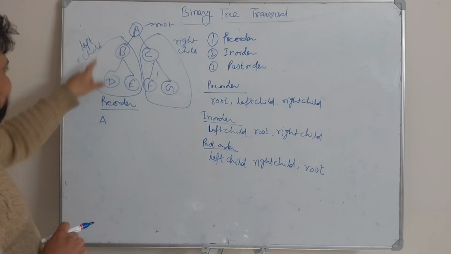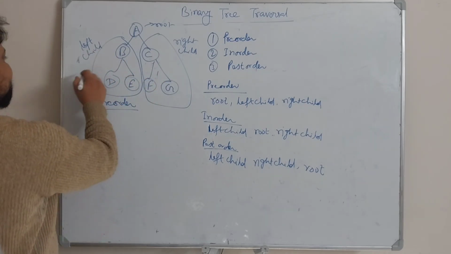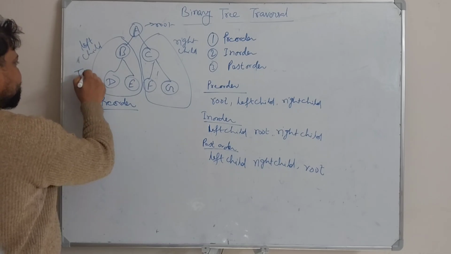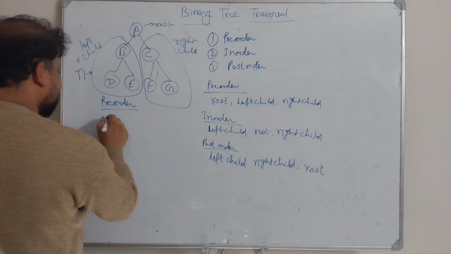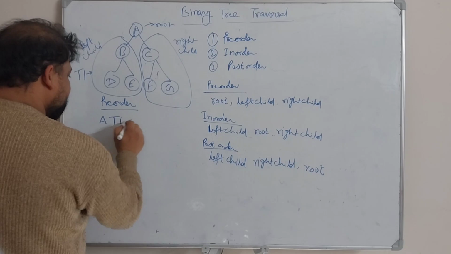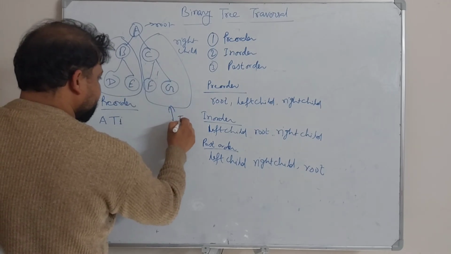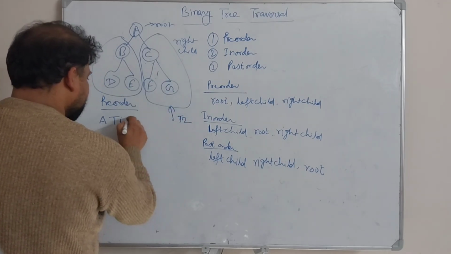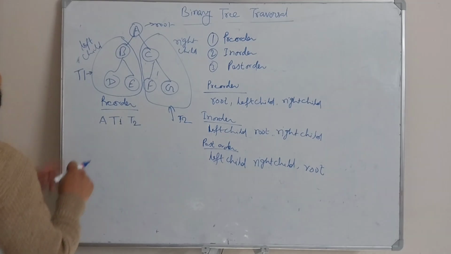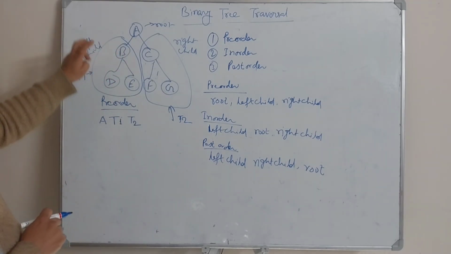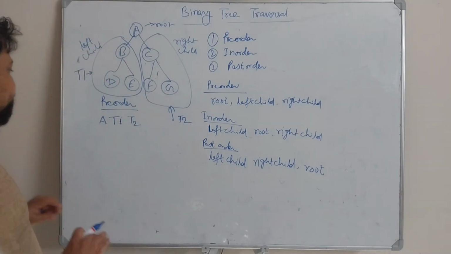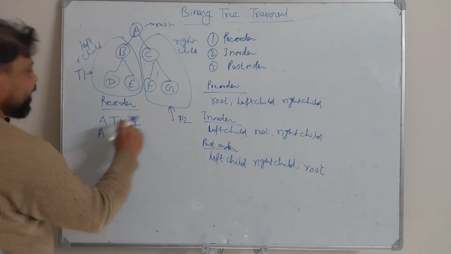Here it is a subtree. I'm giving it the name T1, and I'm giving this the name T2. Now I have to traverse this left subtree once again in the form of pre-order. So what will happen? A, T1.